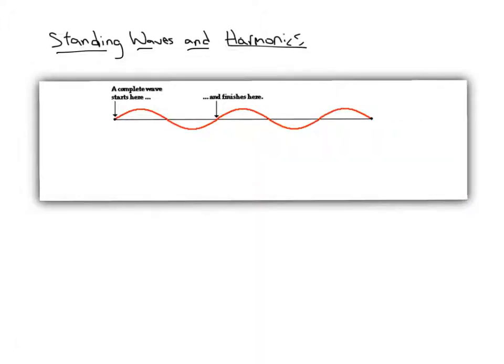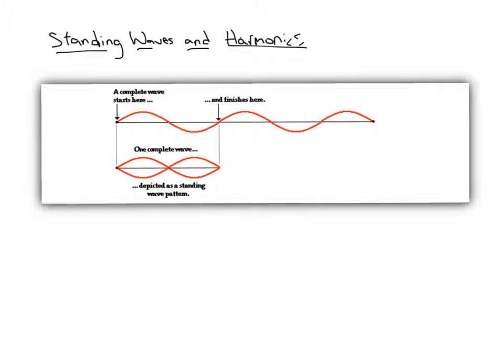One of the things that's confusing, when we look at a wave on a string, on a slinky, we see it at one moment in time, it looks like this.